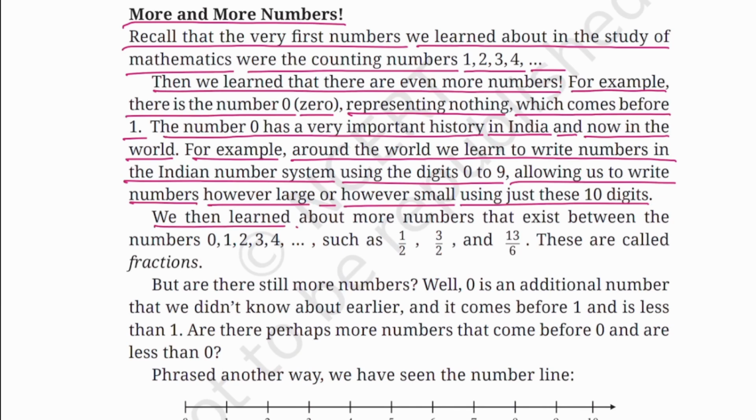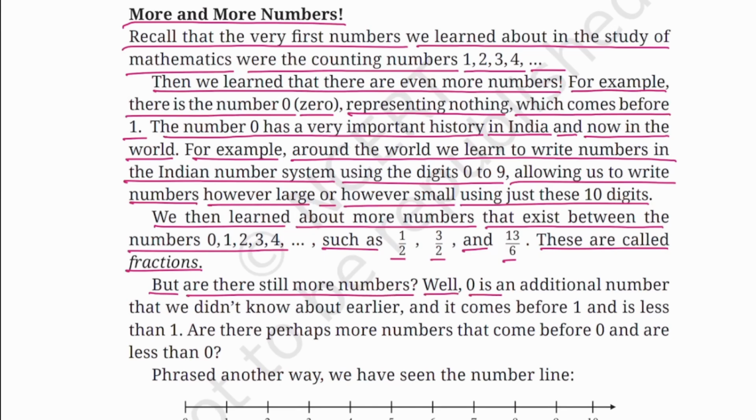We then learned about more numbers that exist between the numbers 0, 1, 2, 3, 4 and so on, such as 1 upon 2, 3 upon 2 and 13 upon 6, and so on. These are called fractions. But are there still more numbers?